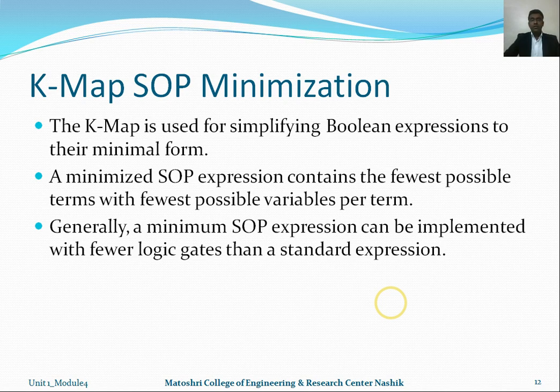That is the aim behind the minimization, because if the logic is reduced, then obviously the cost of the digital circuit is reduced. Generally, a minimum SOP expression can be implemented with fewer logic gates than a standard expression. Whatever the expression is, using the K-map we simplify it, and after simplification we get few variables per term, so we require far fewer logic gates compared to the given standard expression.